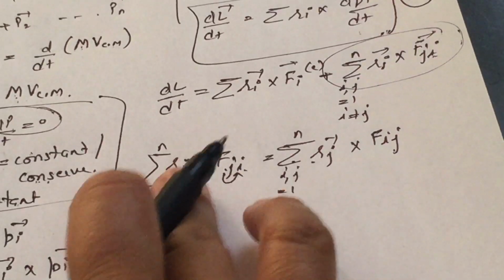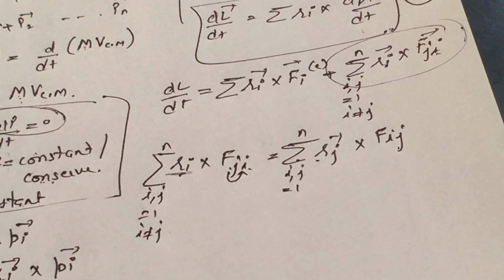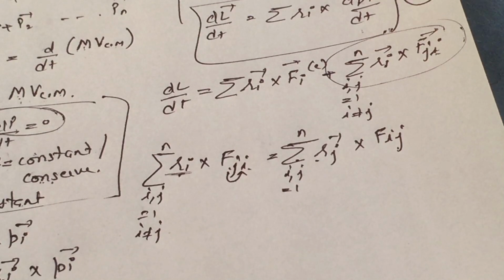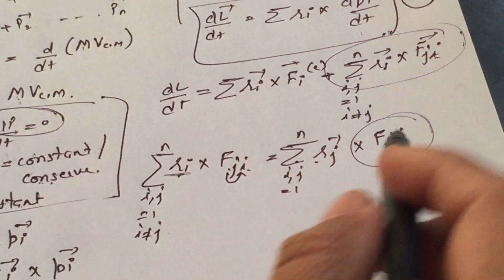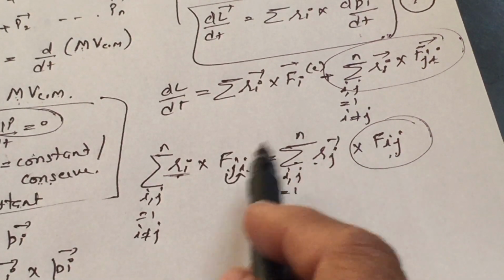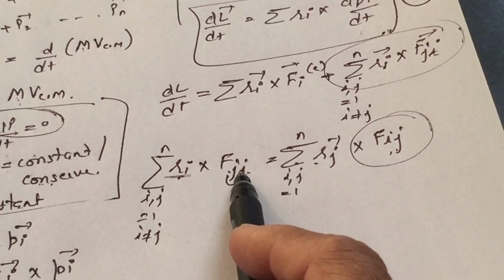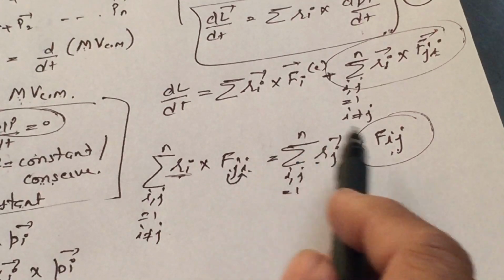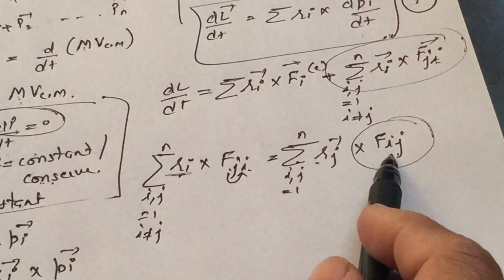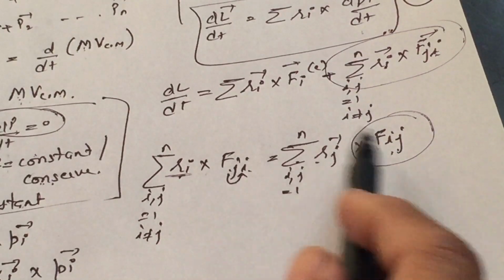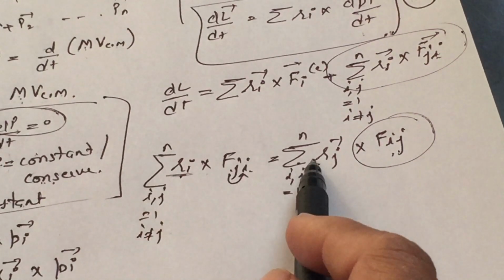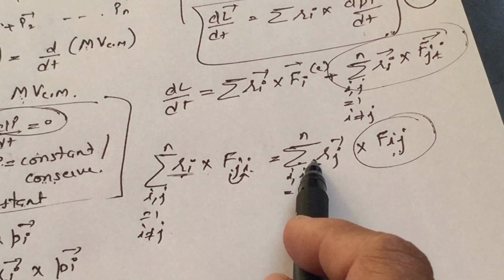If we expand these two summations, we get the same results. We get all the internal forces here, as we will get from this factor. It means these two terms are equal if we sum along all the particles.